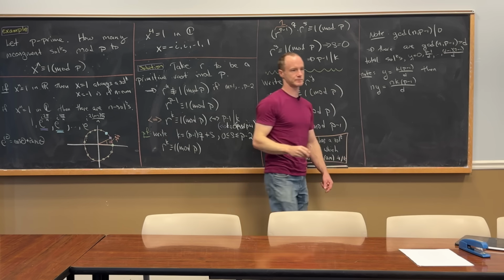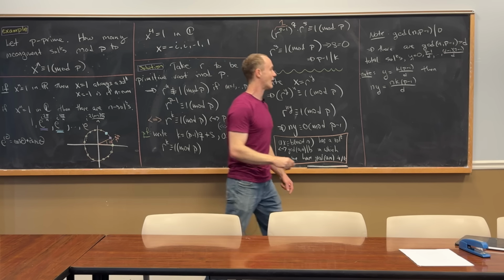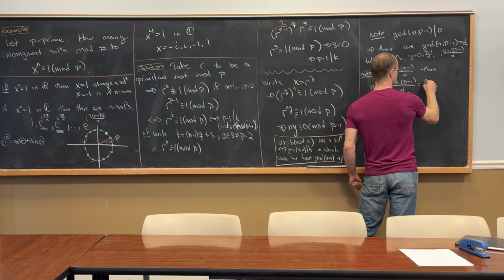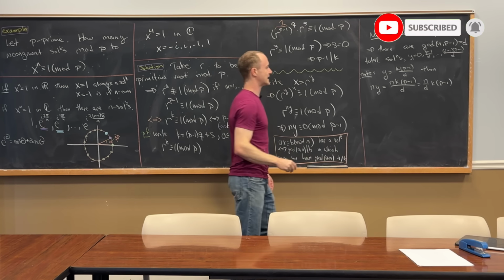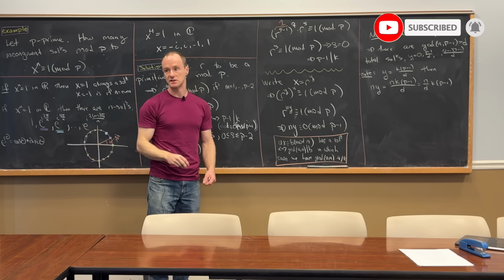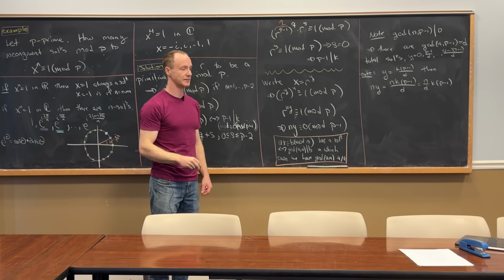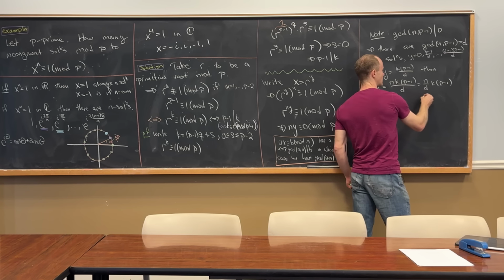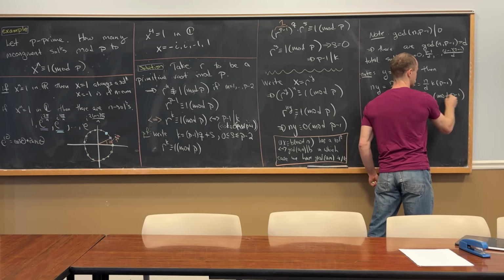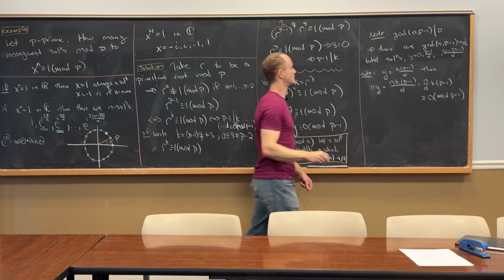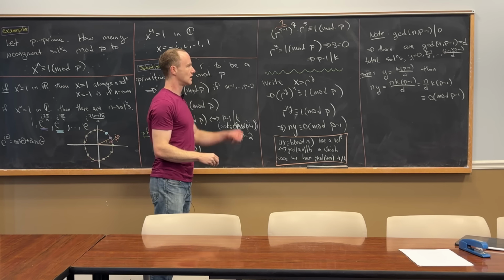Now p minus 1 over D is an integer because D is a divisor of p minus 1. Now n over D is an integer because D is a divisor of n, because it's the GCD of n and p minus 1. But now, if this is an integer, then this whole thing is a multiple of p minus 1. In other words, it's 0 mod p minus 1. So all of those are solutions.